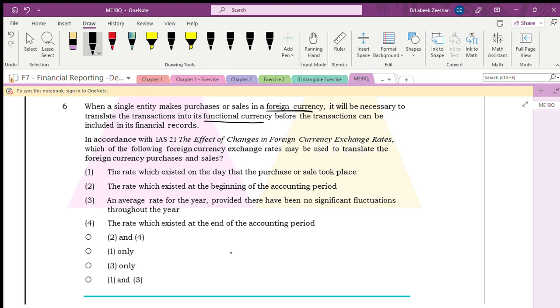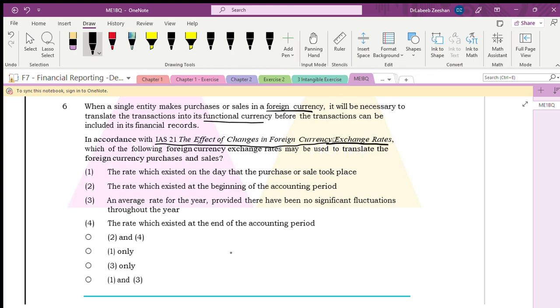The moment you go through them, these questions will be relatively easy for us. We translate the currency in accordance with IAS 21, the effect of changes in foreign currency exchange rates. I posted one or two videos on this.